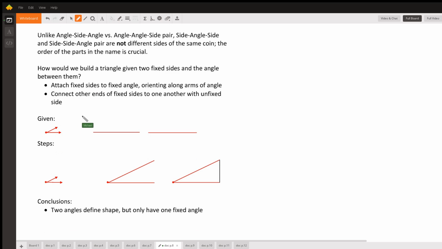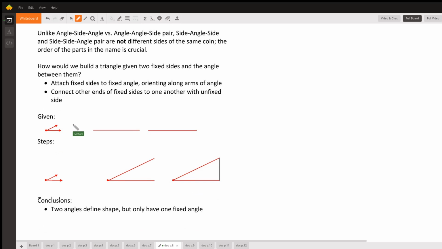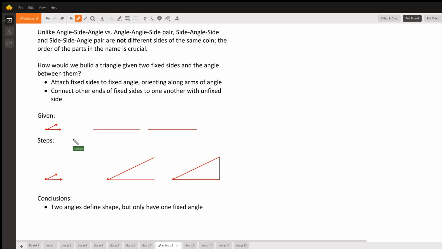So we attach the fixed sides to the fixed angle, like that, and then we just connect them with an unfixed side, because this is enough to determine the size and the shape of the triangle.